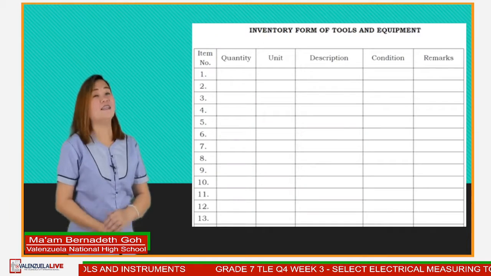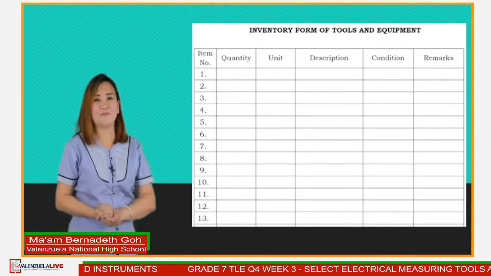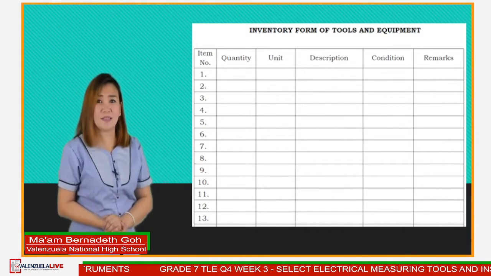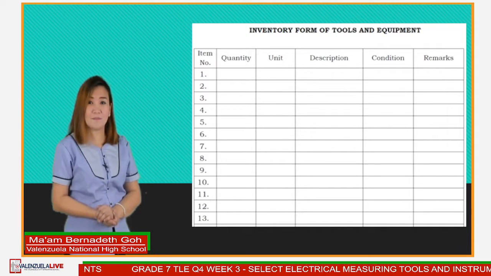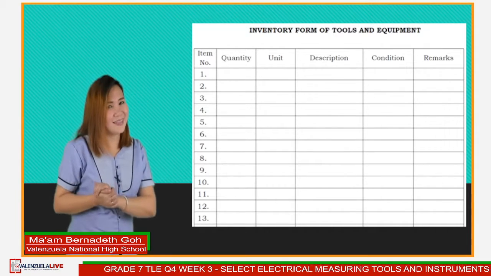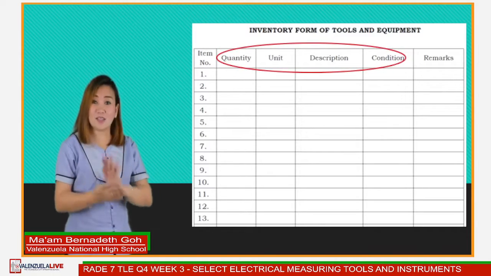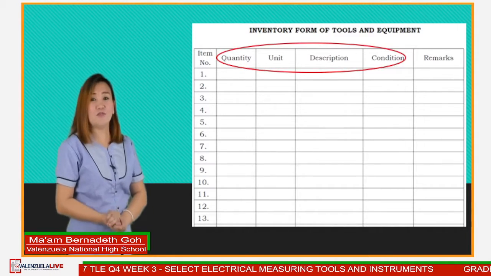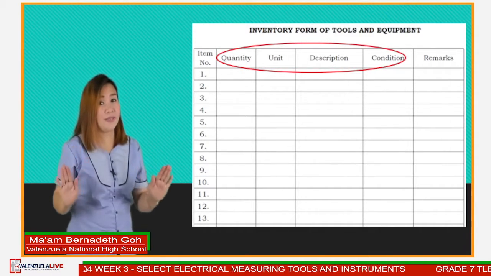Next, the inventory form. What are the details that you need to complete? Correct! The quantity, the description, and the condition of tools should all be completed.